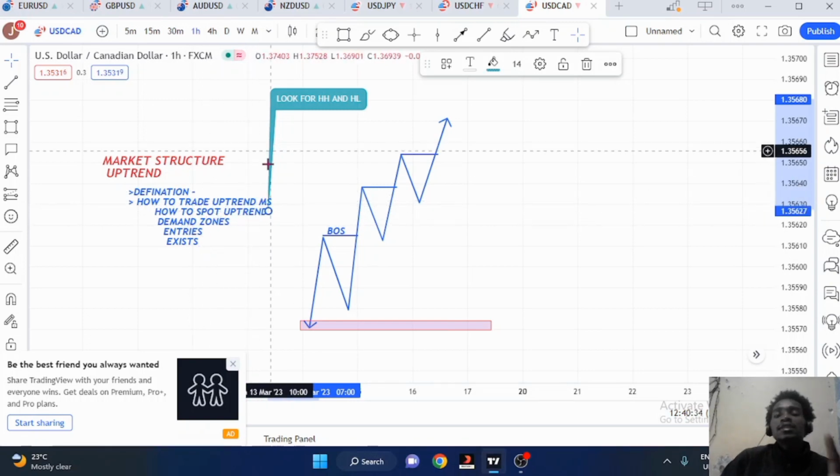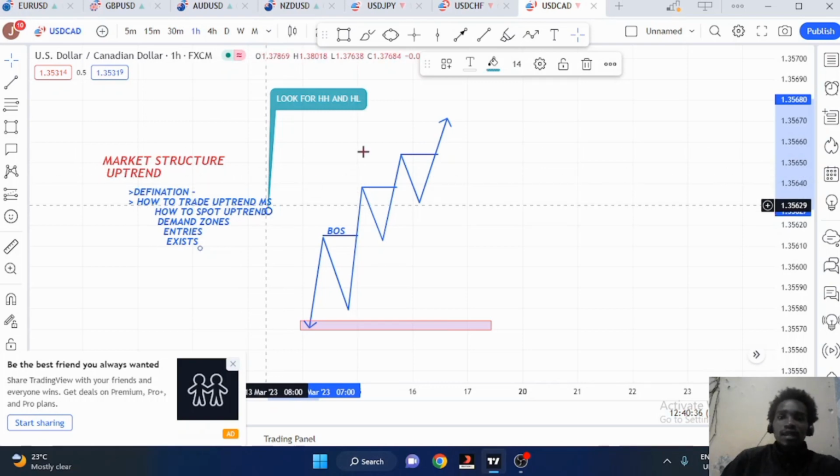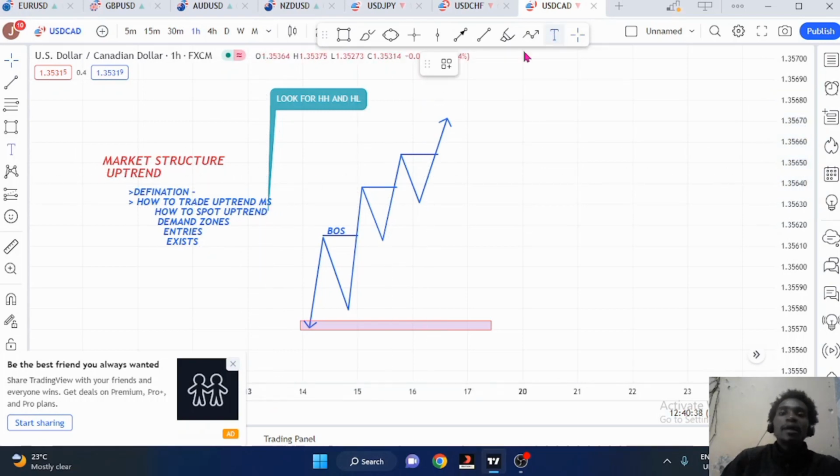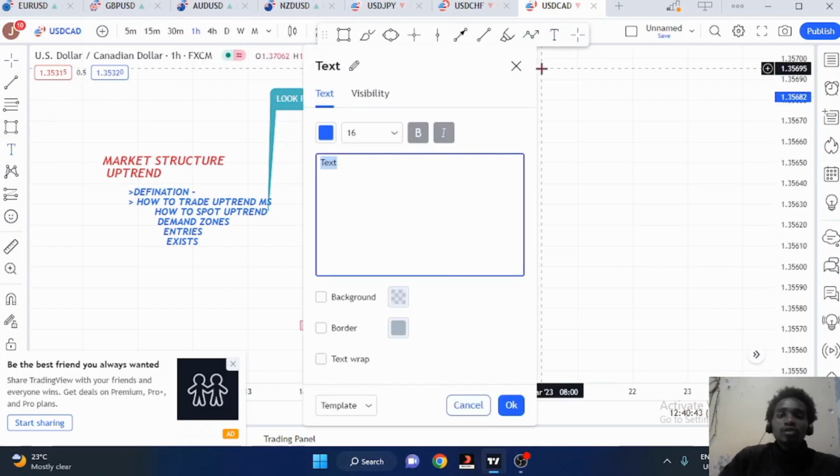When the market is in an uptrend, the market starts moving in the uptrend direction from specific zones, right?